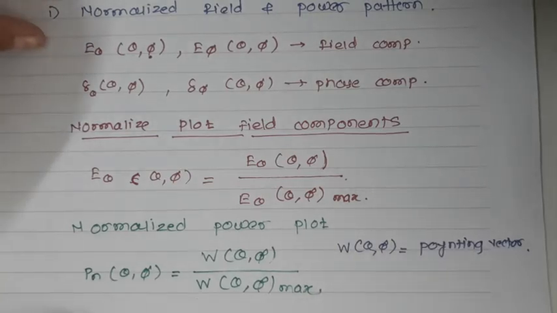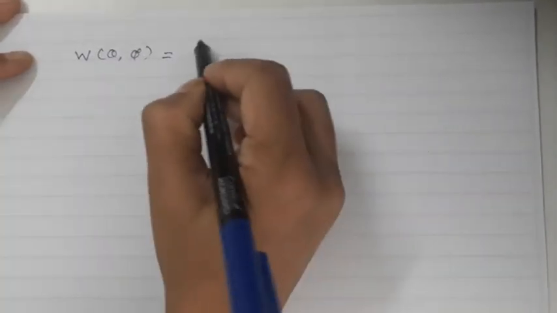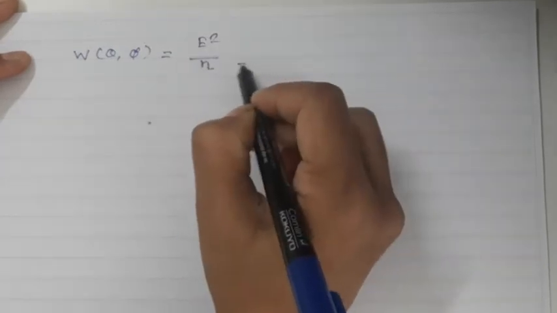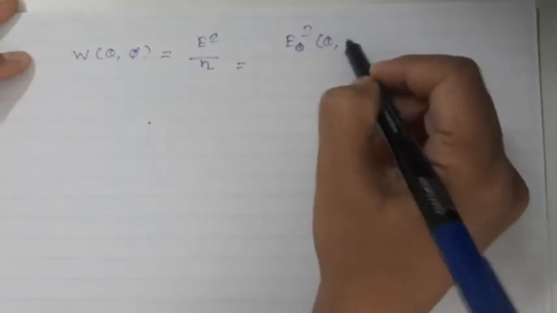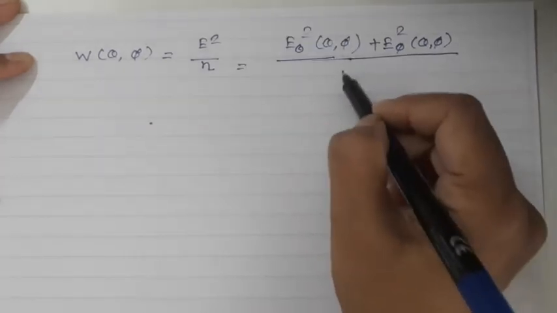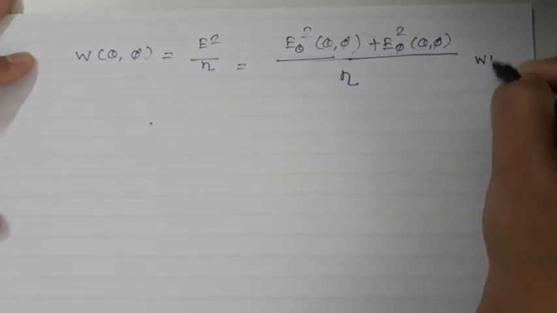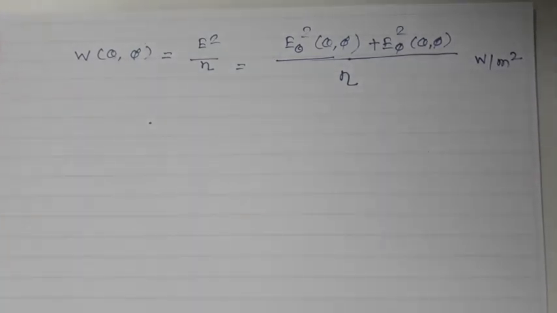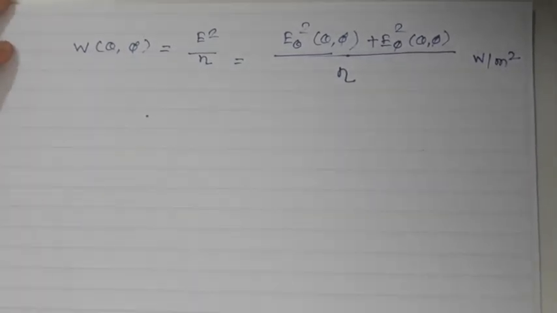We know how to obtain this particular Poynting vector, and previously also we have seen the different definitions of it. So W (theta, phi) can be obtained by E squared by eta: E theta squared (theta, phi) plus E phi squared (theta, phi), divided by eta. And this is nothing but watts per meter square, as this is the power density we have seen previously.